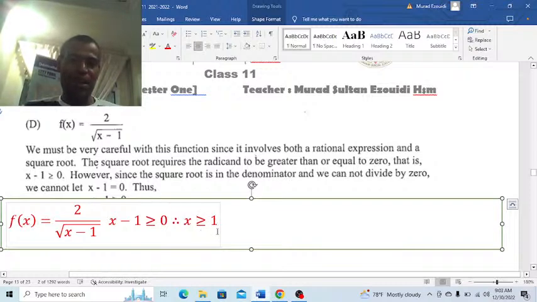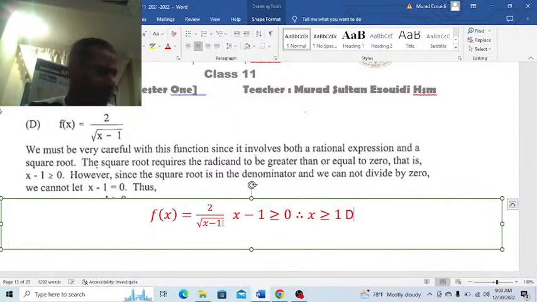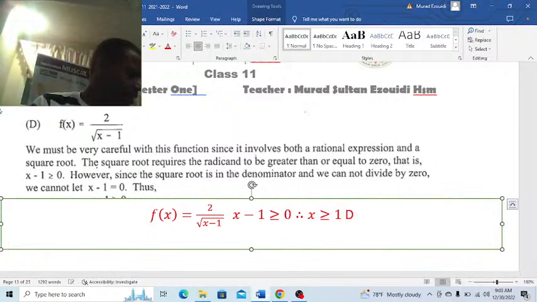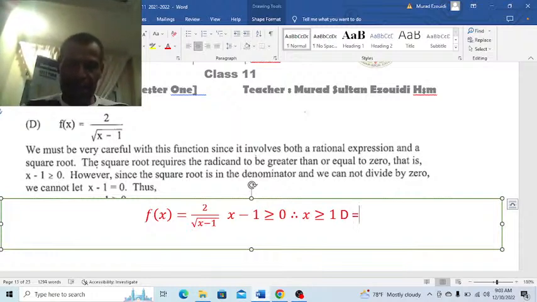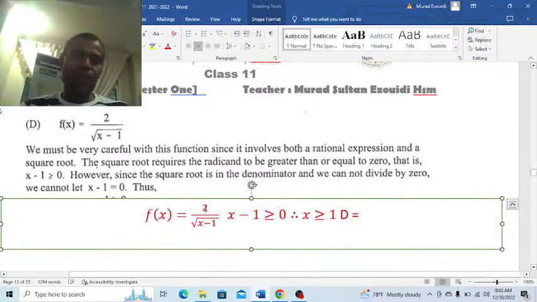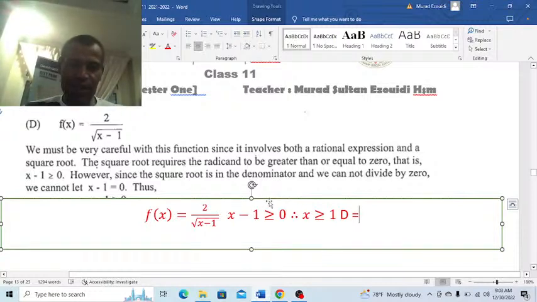So now we'll say that the domain is D, capital D, is the set of real numbers x such that x is more than or equal to 1, means 1 to infinity. So I'll just write 1 to infinity.